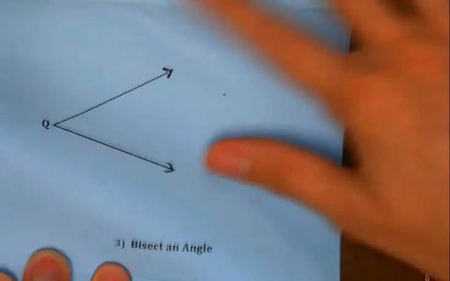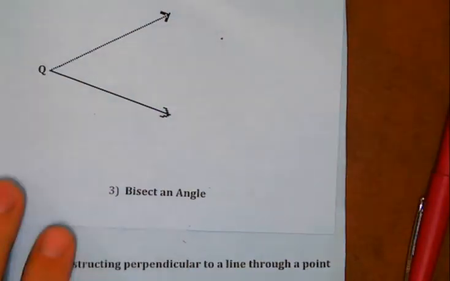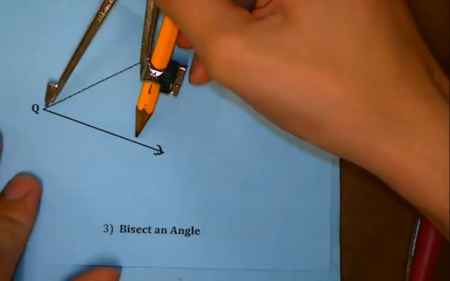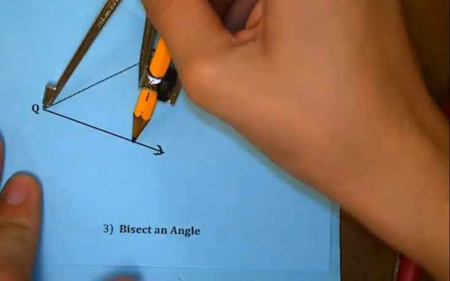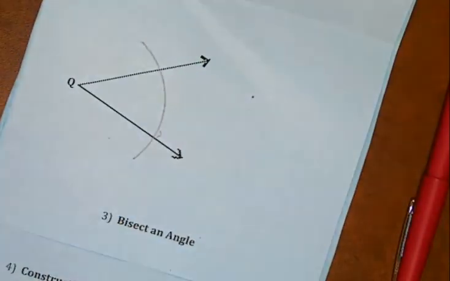Our next one is bisect an angle. In order to bisect an angle, that means split it into two parts. Okay? It's two equal parts. First step, take your compass. Put your compass tip on Q. And strike a pretty large arc. So we get that.